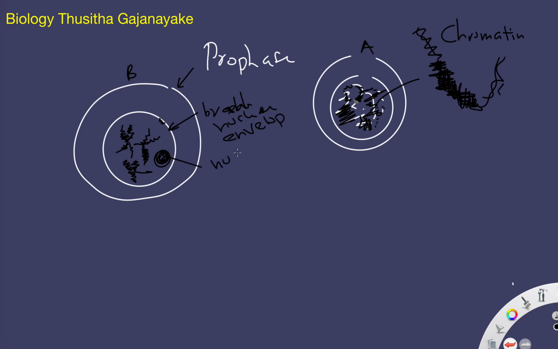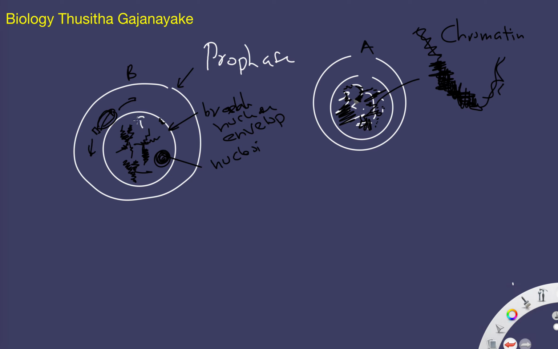And you know, inside there is a nucleolus. The nucleoli start to disappear, they also break down. These events start during the prophase, as well as the centrioles making the spindles and trying to move to the poles, this pole and this pole. So at least we can see a few characteristics which belong to prophase.